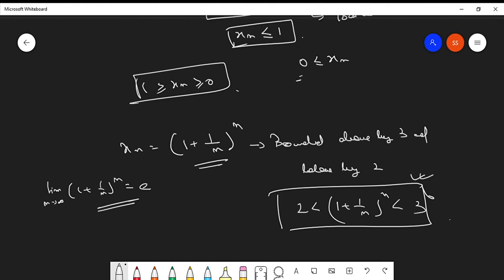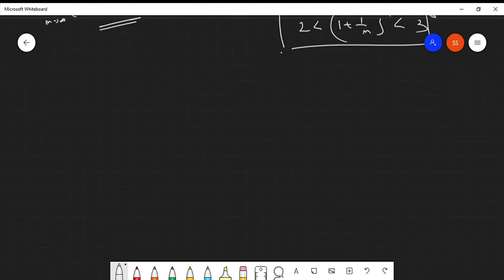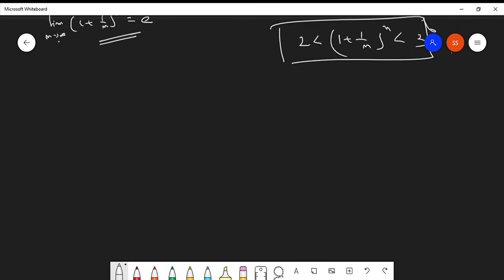There is one more thing called a monotonic sequence. Let us also discuss that. What is a monotonic sequence?